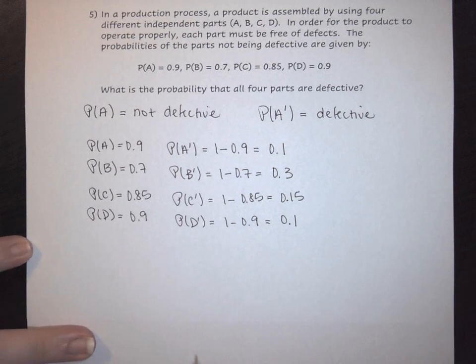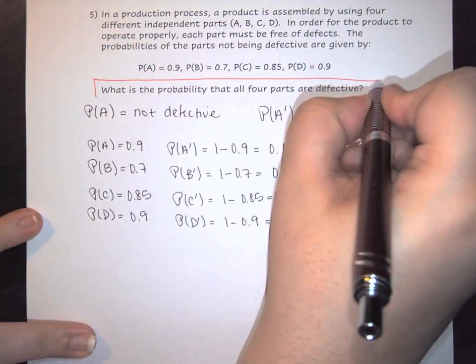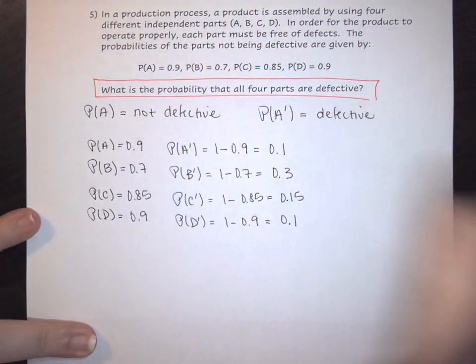And the reason we need that comes back to the question that we were asked. What is the probability that all 4 parts will be defective?